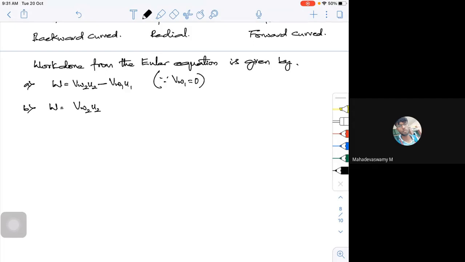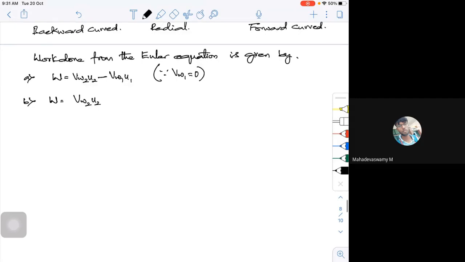Suppose the same thing if I try to write in terms of head. We call it Euler head. This is Euler work, Euler energy. I can write it as VW2 into U2 by g. This is in terms of the head developed.